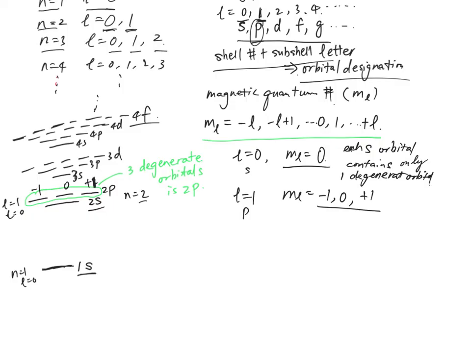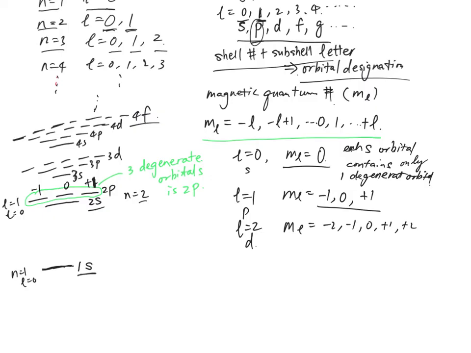Each value represents a different set of behavior or a different region for your electrons to reside in within an atom. Now, what about L equal to 2, for your d orbital? We see m sub l equal to negative 2, negative 1, 0, plus 1, plus 2.